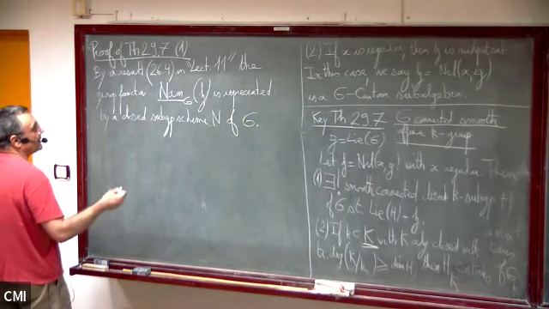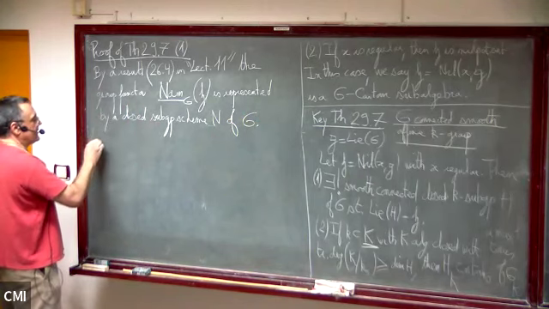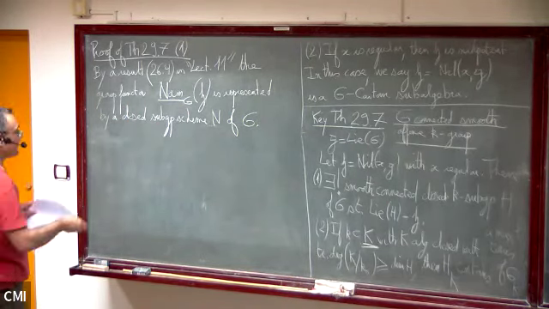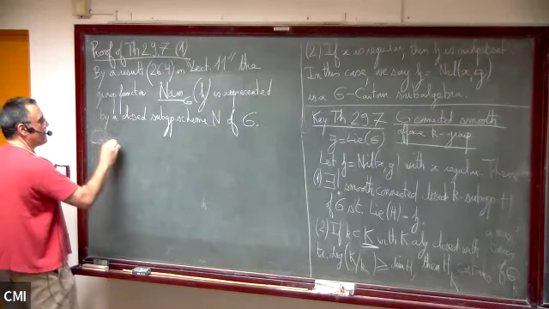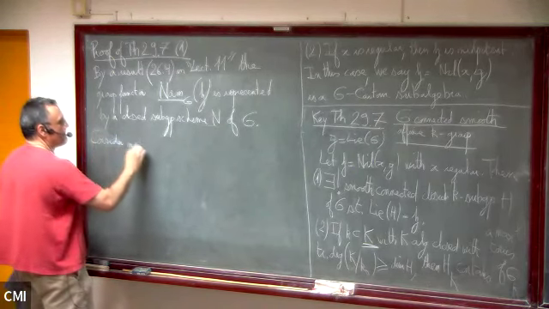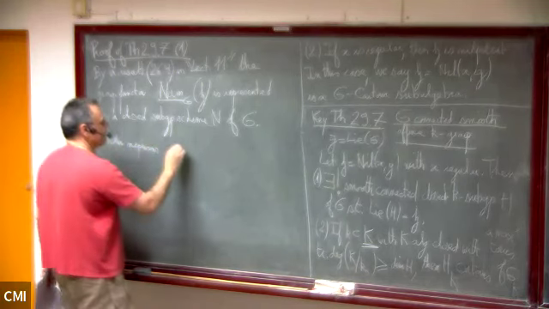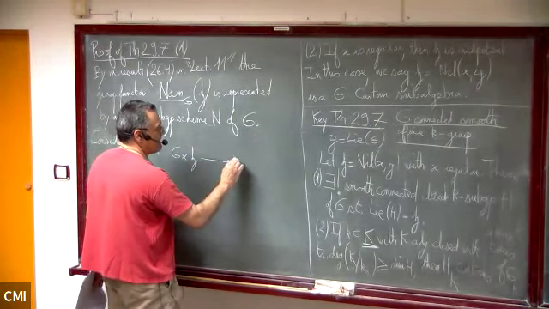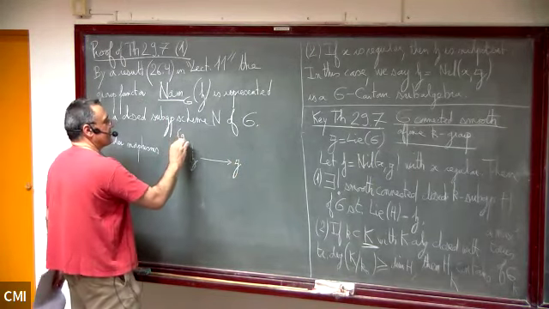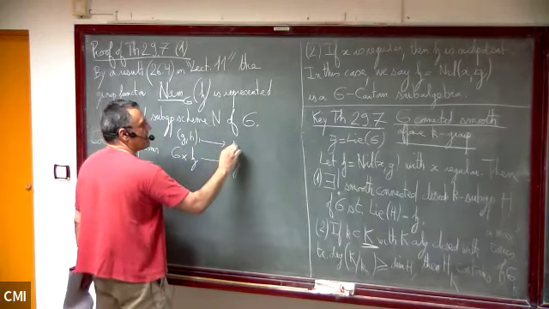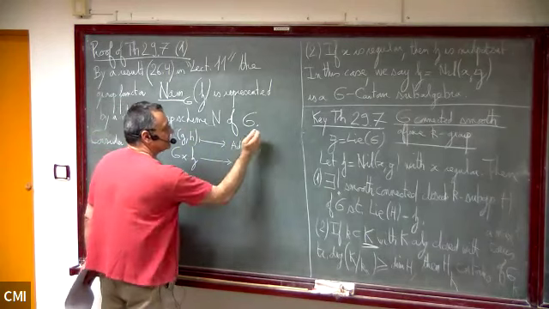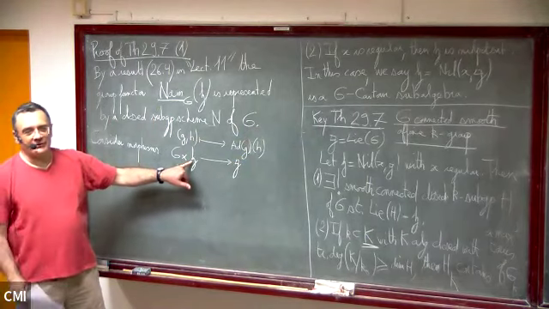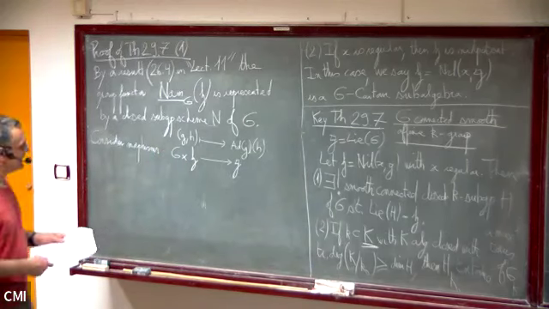Okay, so we have some group, and now let's consider the morphism G cross H going to G. I regard H as a scheme, so it's a vector space, so it's a K-scheme.